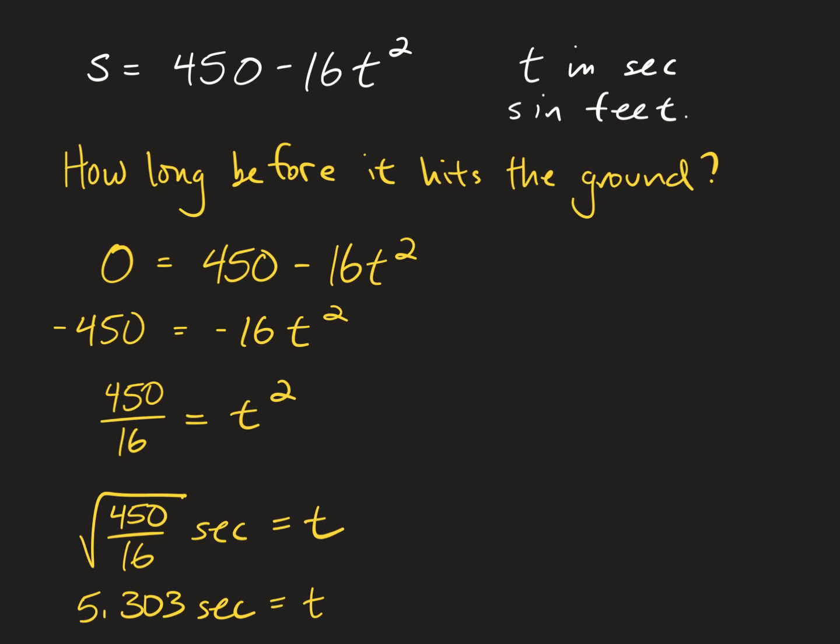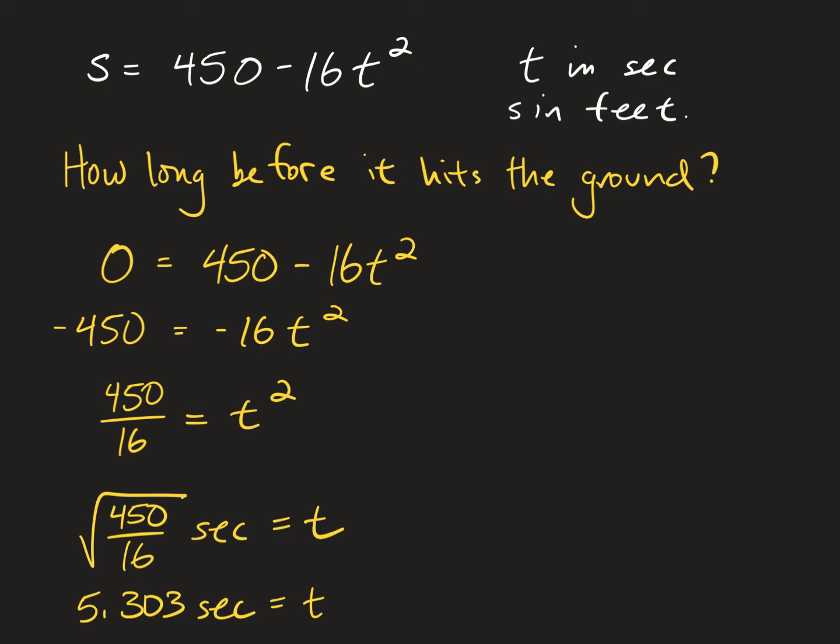I do have one more thing I want to look at here, and that is the question, how fast was the object moving at the moment of impact? Now that could take one of two meanings. How fast could mean velocity, and how fast could mean speed.